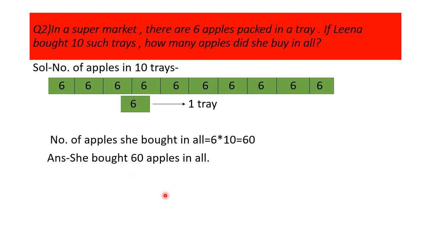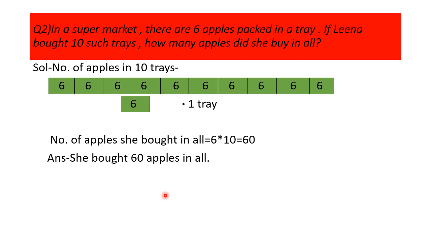So children, this is all from this exercise, and the rest of the questions given in exercise 3I are just the same as the questions we have solved in this module. So you don't need to panic, you just have to understand whether we are going to do addition, subtraction or multiplication.